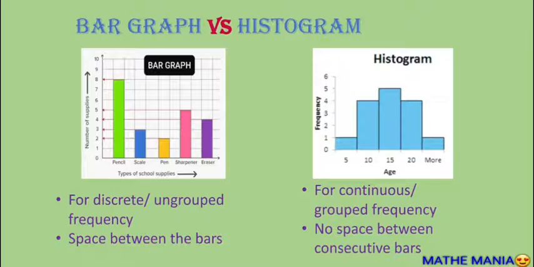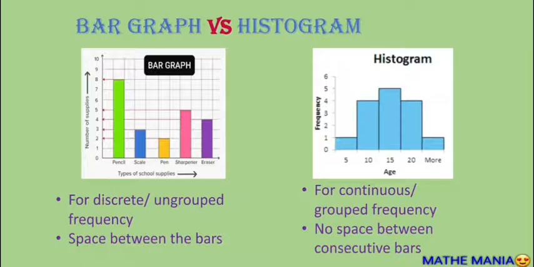Whereas in a histogram, if I am taking a class interval 2 to 7, then every possible value lying between 2 and 7 will lie in this particular interval. So that is why it's a continuous interval. We are not leaving any values. So there are no spaces between the bars of the histogram.